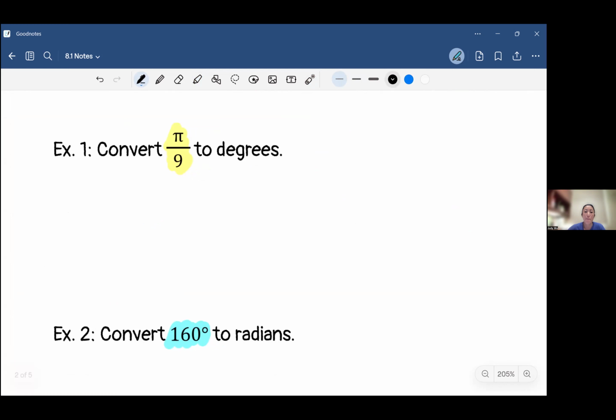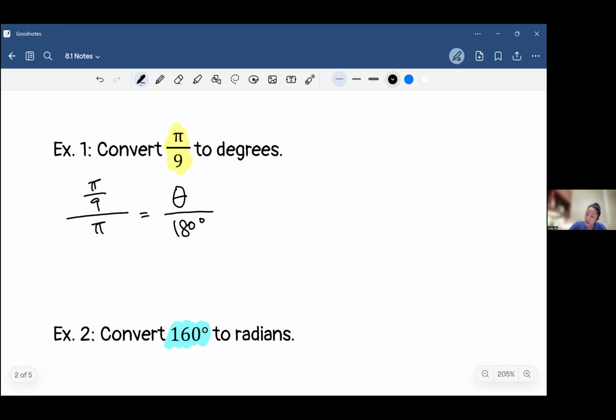So convert pi over 9 radians to degrees. Here's how we would do that. We would say pi over 9 divided by pi equals my theta, it kind of looks like an O with a line through it, over 180 degrees.